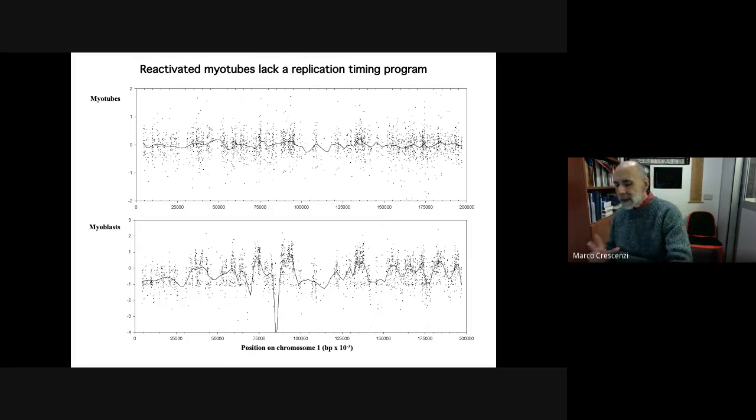Now, this was interesting because nobody understands replication timing in depth. It's been studied and described phenomenologically.